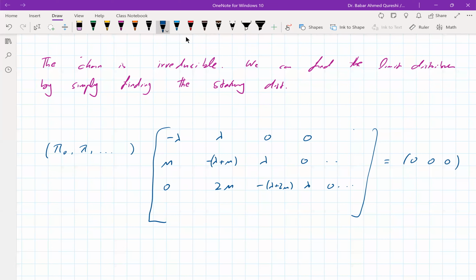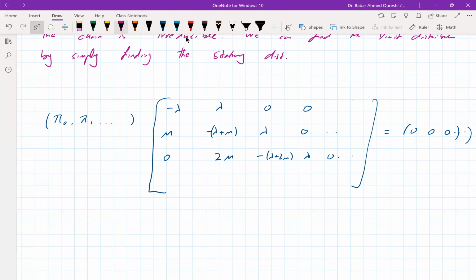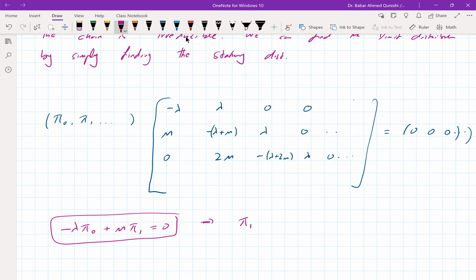Zero, zero, zero. So this gives me, now these things are becoming kind of standard, minus lambda phi 0 plus mu phi 1 is 0. So this gives you phi 1 is equal to lambda over mu phi naught.